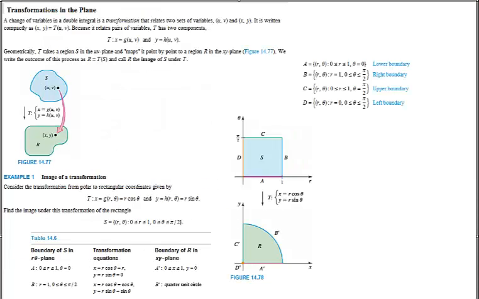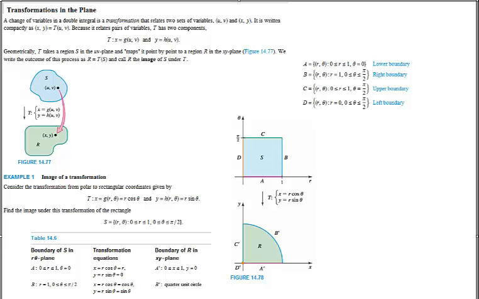This is a general explanation of how we go from our one set of xy plane variables to that uv plane.